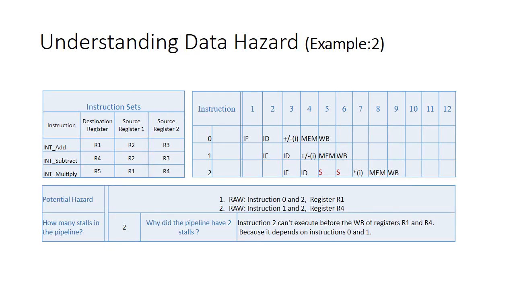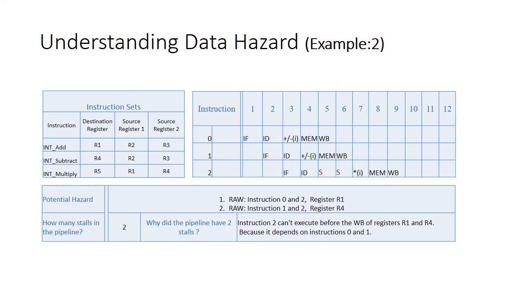There is another example of data hazard. Here there are 3 instructions, and if you follow, you can see that there are two hazards happening here. The first one is with instructions 0 and 2 for the register R1, and the second hazard is with instructions 1 and 2 for the register R4.